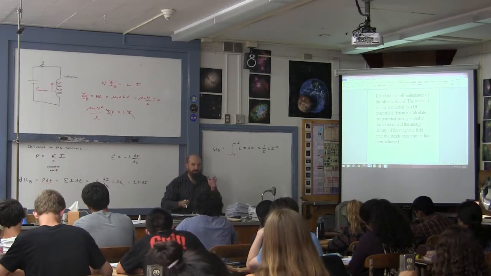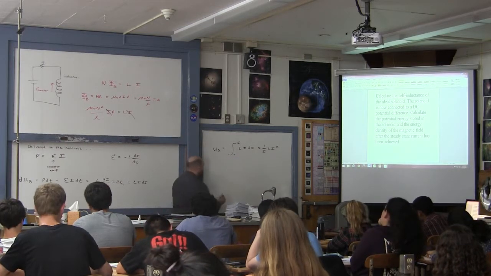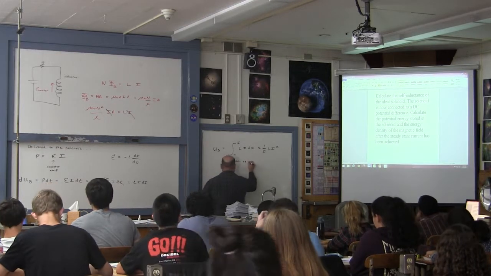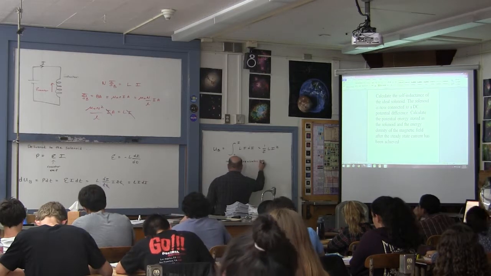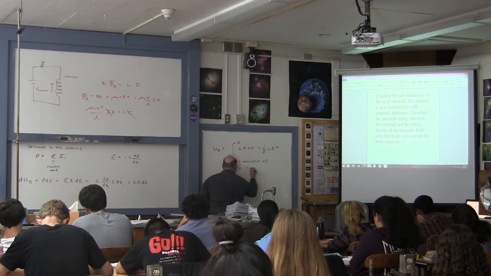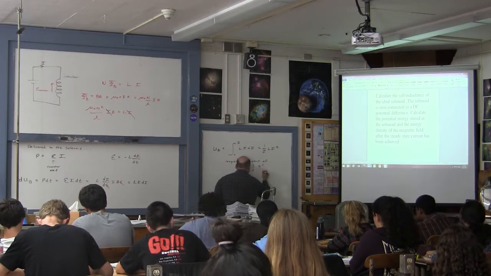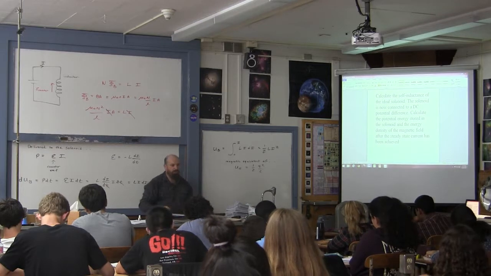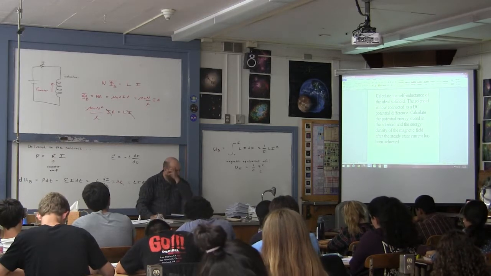This right here is the magnetic equivalent of electric potential energy being 1/2 Q squared over C when talking about energy stored in the capacitor. So that's the energy stored in an inductor.